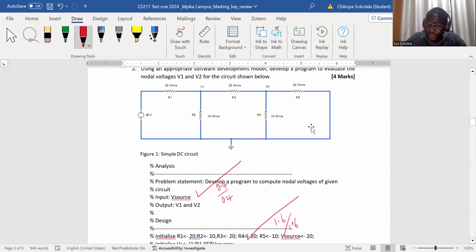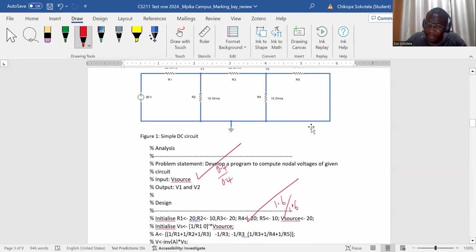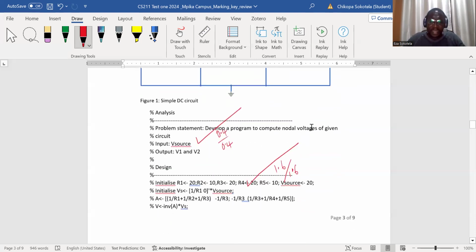And we expect you to demonstrate that you can do that matrix formulation. So I'll very quickly walk you through this. So your problem statement, input, your output, and you have initialization of the resistors and also the voltage source.